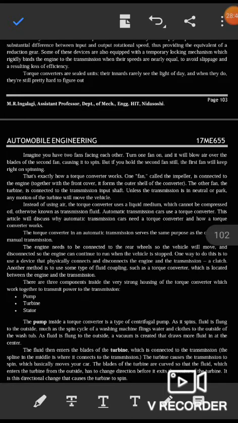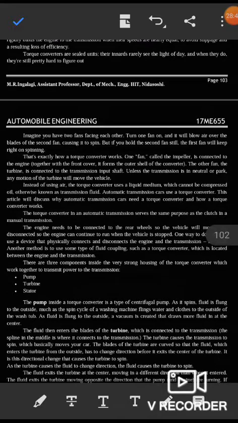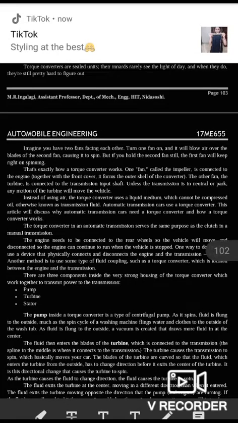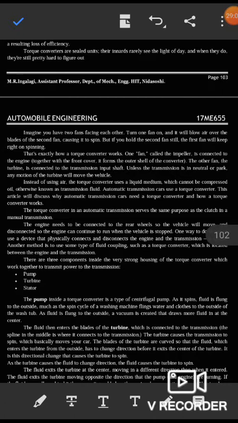Instead of using air, the torque converter uses a liquid medium which cannot be compressed, oil, otherwise known as transmission fluid. Automatic transmission cars use a torque converter. This article will discuss why automatic transmission cars need a torque converter and how the torque converter works.